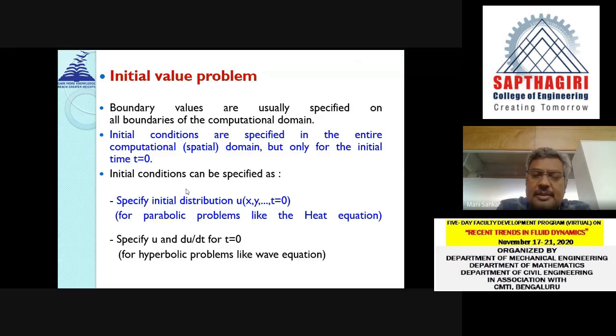This is called a von Neumann condition. Specifying the derivative of the dependent variable with respect to time happens in wave phenomena, or in mathematical terms, a hyperbolic partial differential equation, where you need to have such conditions.